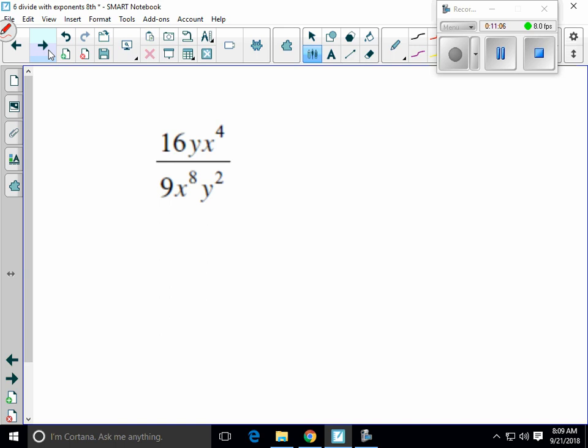Okay, one last one before you guys try some. Okay, 16 over 9, there's no way to reduce that. I'm going to leave it 16 over 9. All right, here are my x terms. They're not right on top of each other, but I have more x's in the denominator, and then 8 minus 4 is 4.